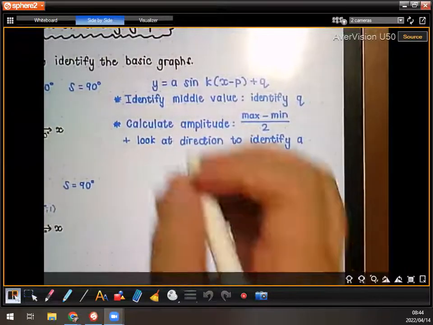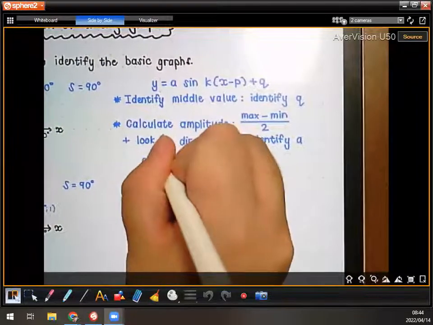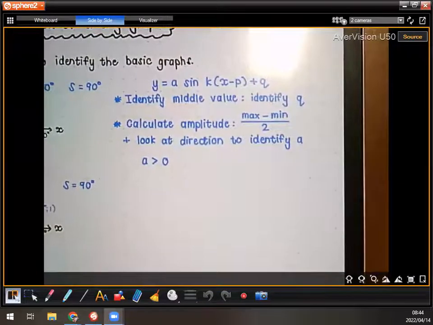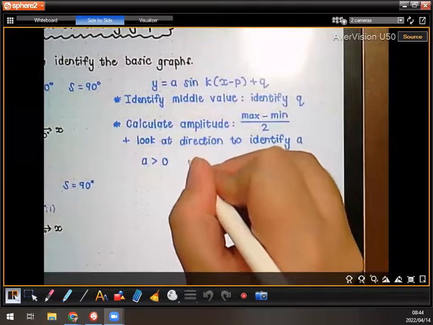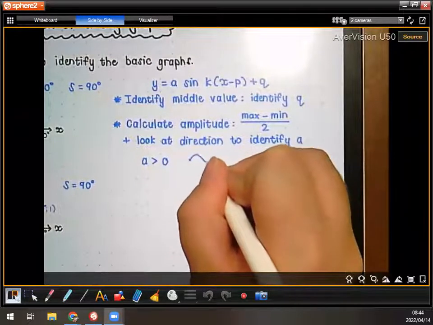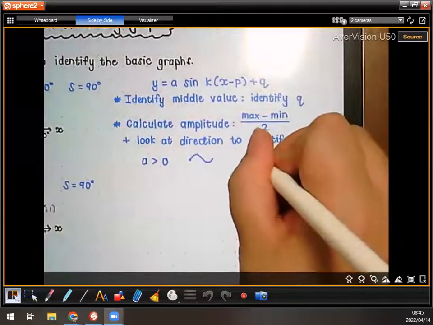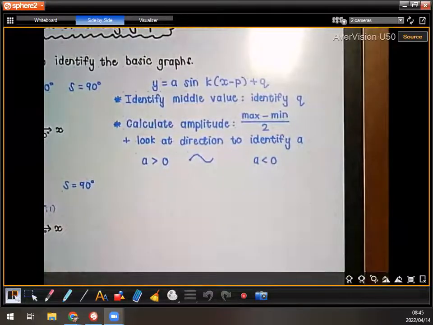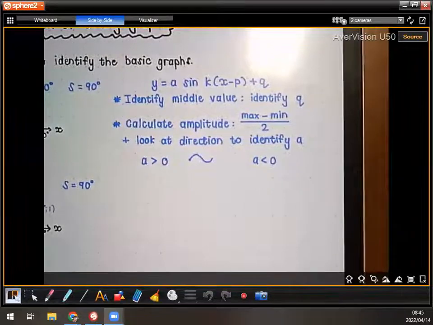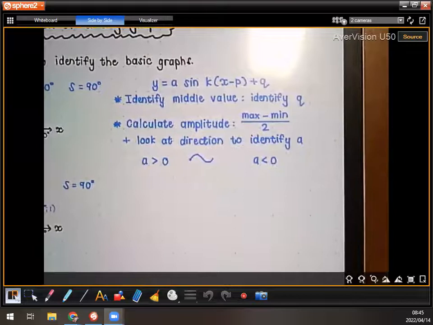Provided your A value is positive, if A is greater than 0, then your sine graph is going to have this shape. It's going to start at the middle, go up and then back to the middle. That is if your A value is positive. If your A value is negative, the direction is going to be the other way around. The normal sine graph, from its starting point, goes up. If from the starting point it's going down, then you know that your A value is negative.